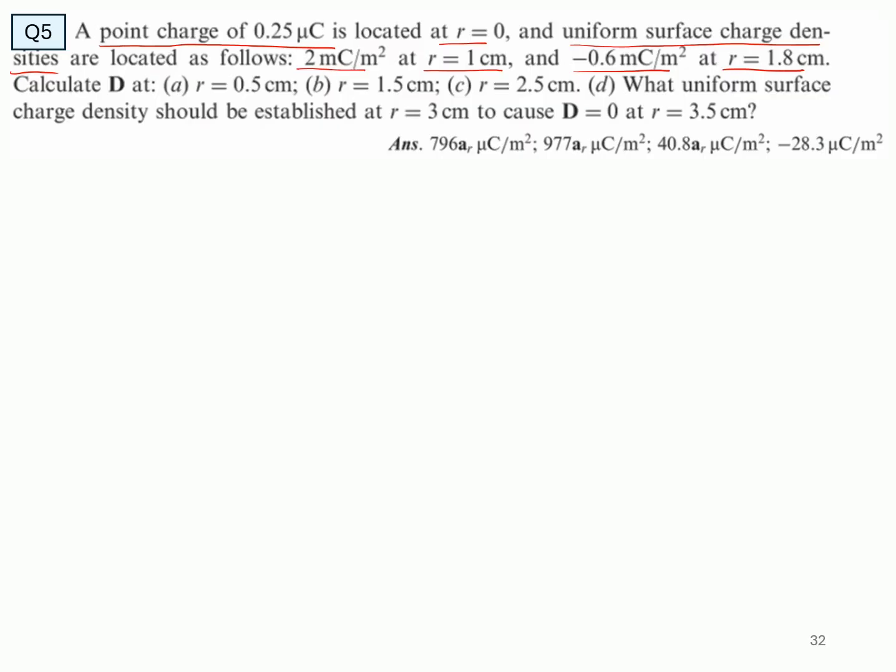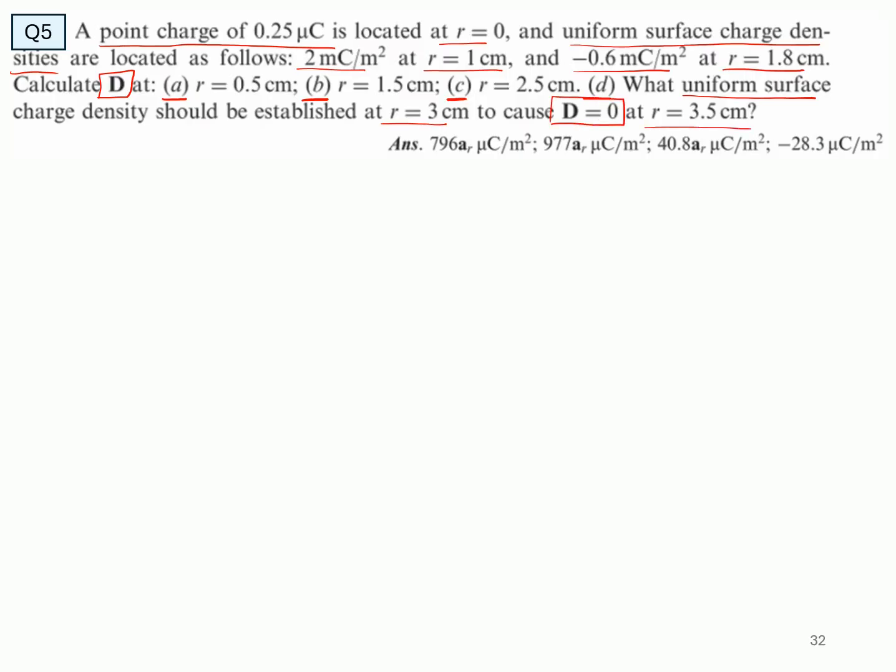We need to find the electric flux density for parts A, B, and C, and then in part D we need to figure out the value of the uniform surface charge density located at r equal to 3 that causes the electric flux density to become 0 at r equal to 3.5.